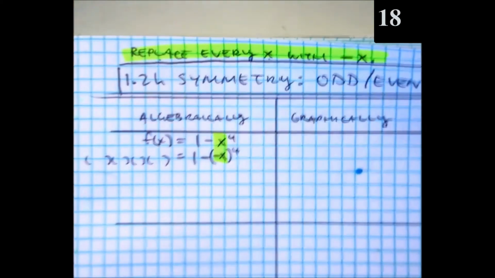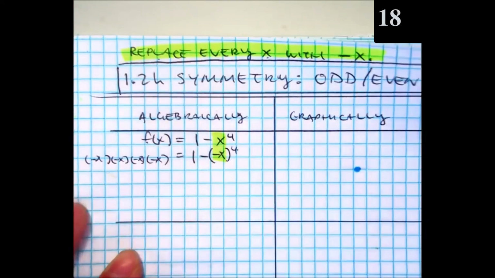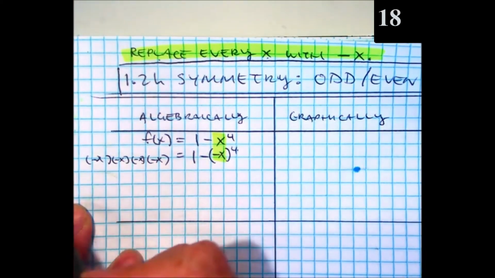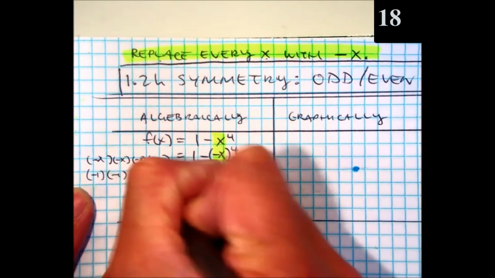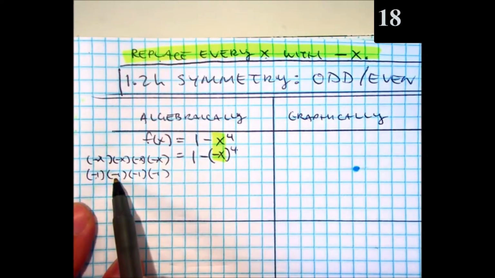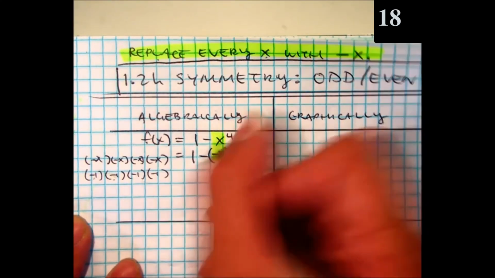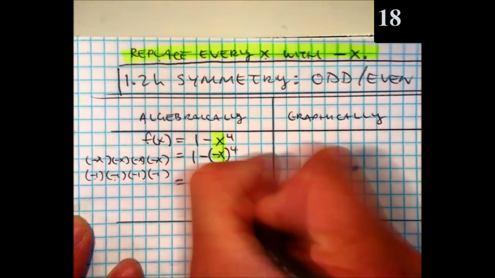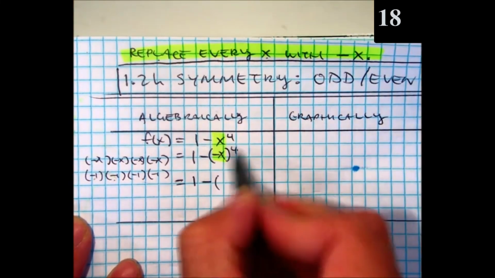Does that make sense? If you put in negative x here, you can't put that in your calculator to help you. You can put in a -1, that's fine. Class, what's -1 times -1? 1. And what is 1 times 1? 1. So I have 1 minus, this will become just x to the 4th.